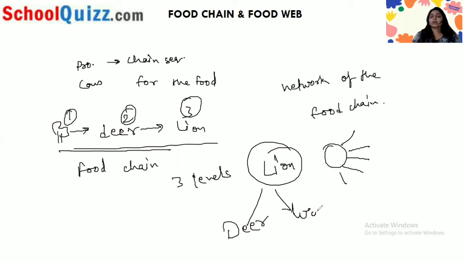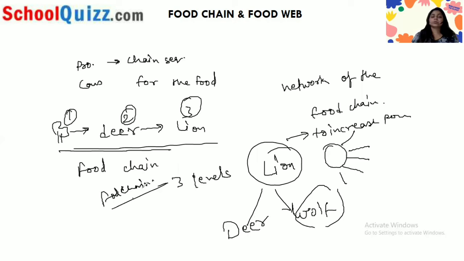So it has options for food. This food web helps to increase population, and the food chain does not, because there is a particular series or sequence.